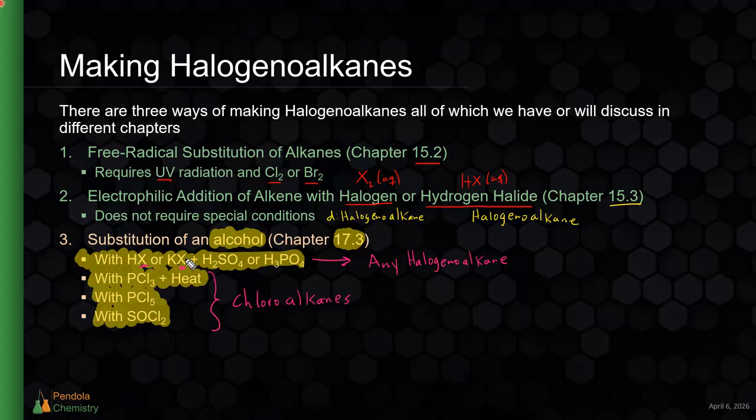That's all the reactions. So we already discussed two reactions. Again, I highly recommend you revisit these reactions in the videos for 15.2 and 15.3. And then just know that these are also possibilities, but we'll study these reactions in chapter 17 for creating halogenoalkanes.